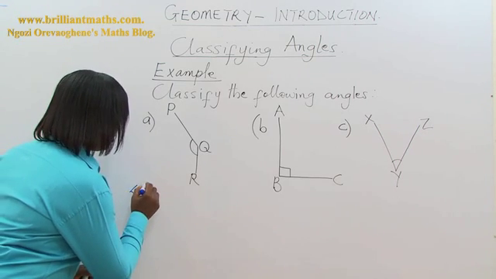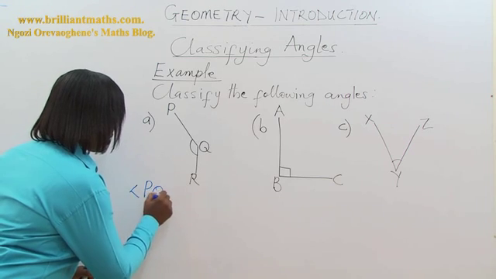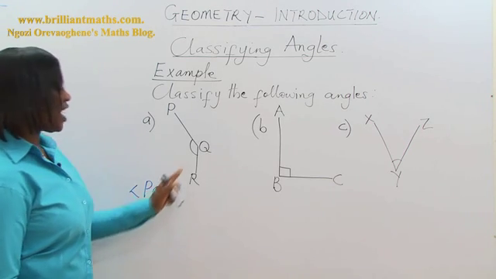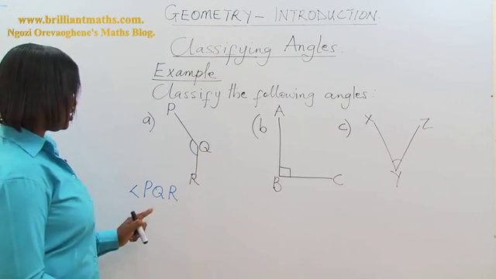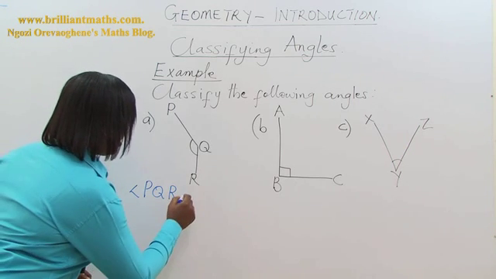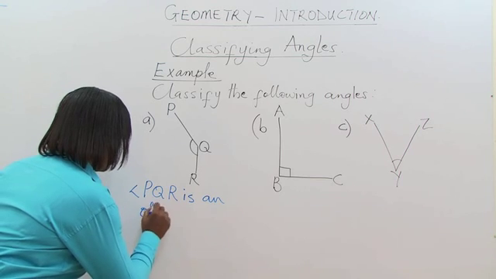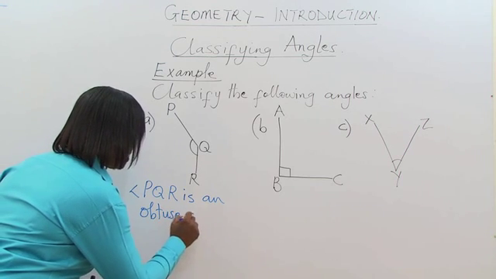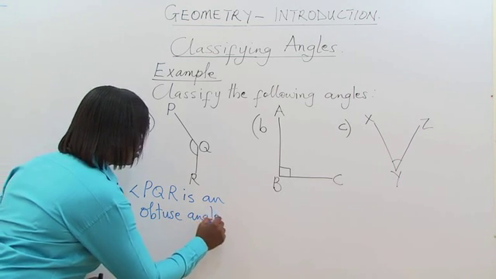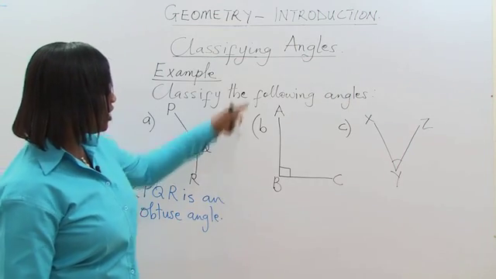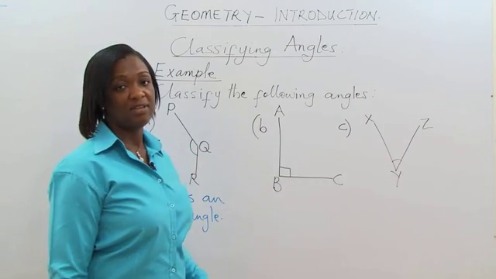So write angle PQR. Remember the angle is at Q, and that's the one at the center. Is an obtuse angle.